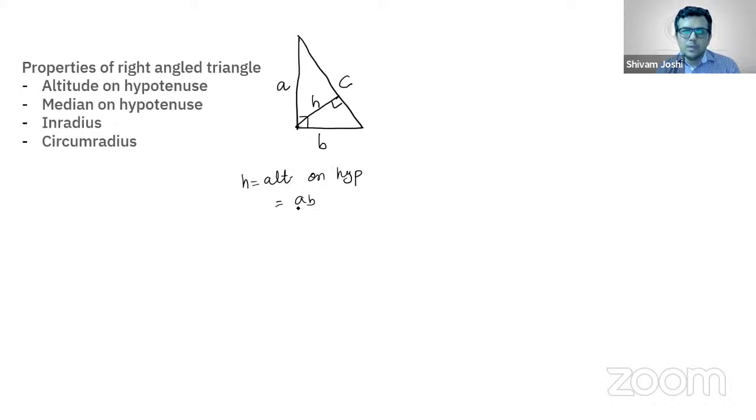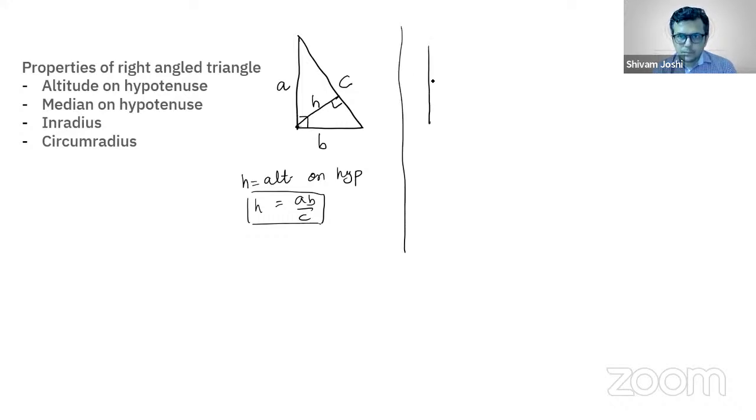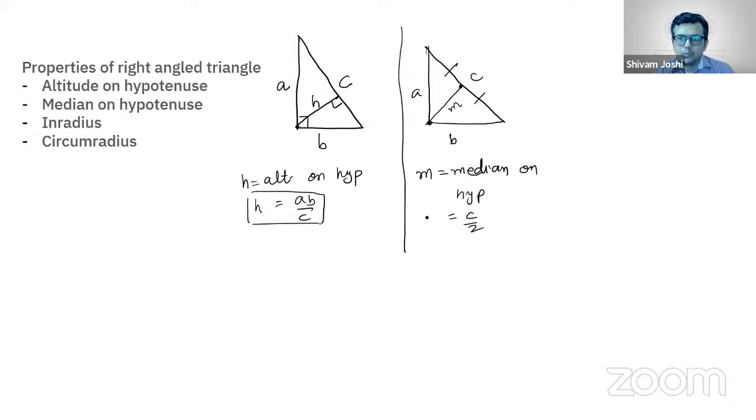That is equal to AB upon C. A, B, C. This is M, M for median. See, H is the height, M is the median. Median on hypotenuse is C by 2. Hypotenuse by 2.